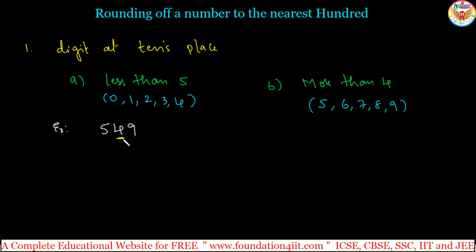If the tens place is less than 5, then write the remaining number as it is, and the tens digit and ones digit are replaced by 0. You can apply this rule to round a number to the nearest 100.